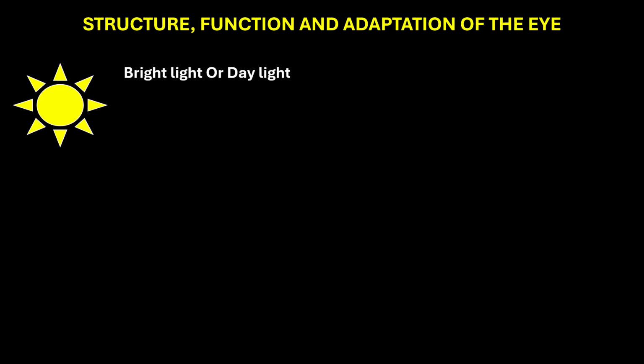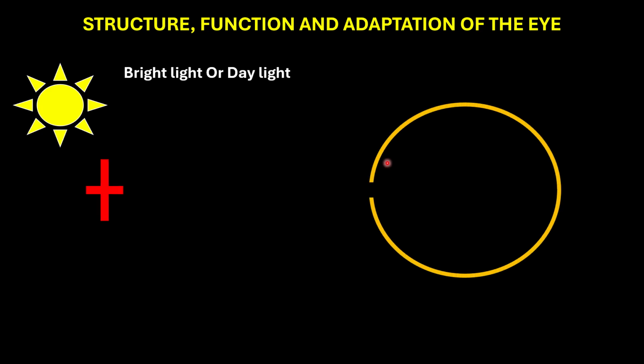Now let's put all that we know together in understanding the structure, functions, and the adaptations of the eye. So remember, the eye is designed to see light, that is daylight and night light. So this is daylight, bright light. If you place an object there, and that is the eye, you can see something here.